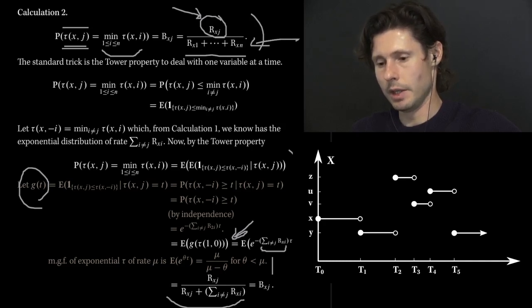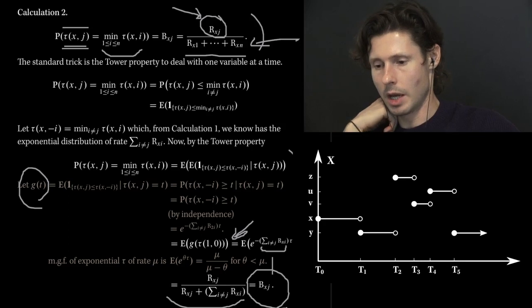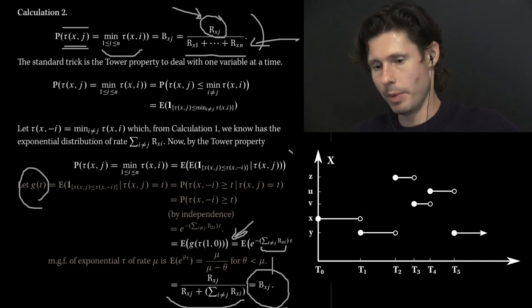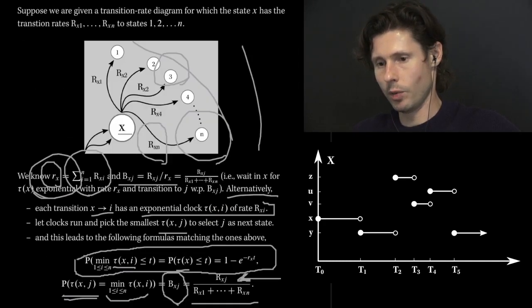And this, of course, as it better, because otherwise we have a contradiction, is in direct correspondence with the embedded chain. So the embedded chain is a way of finding out where the Markov chain goes next, but so is this approach with many clocks, and whichever one goes first is the one that determines the transition to a particular state, whether it's 1 or 2 and so on.